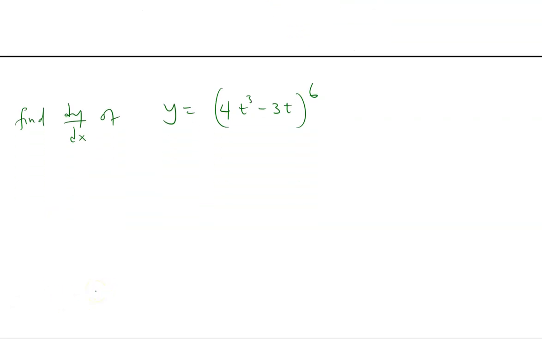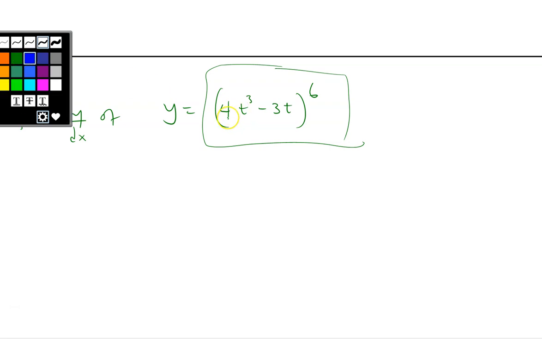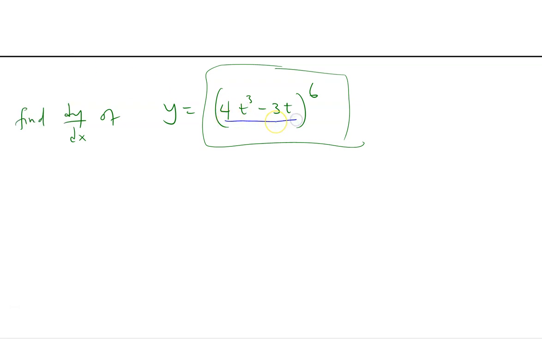So the bigger function is the whole of it, and we have a smaller function in it, which is the 4t cubed minus 3t.